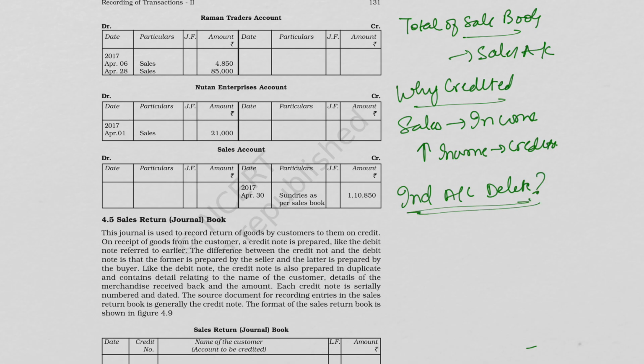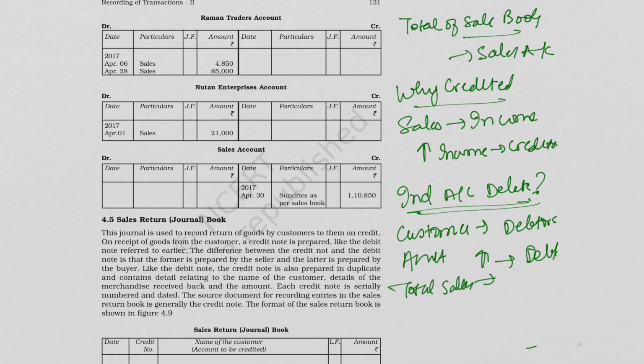Because the customer has become our debtor, and whenever an asset or debtor increases, that will be debited. So posting processes the total sales to credit sales account, and individual entries will debit the respective customer account, like we have done here. We have debited here, and sales we have credited.